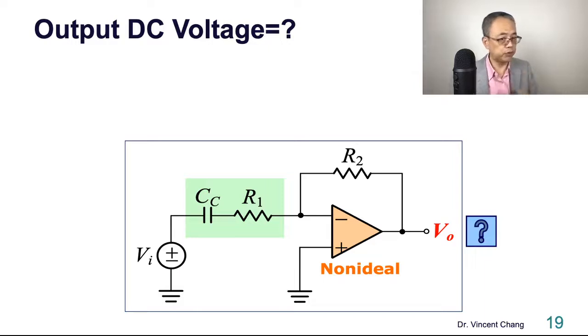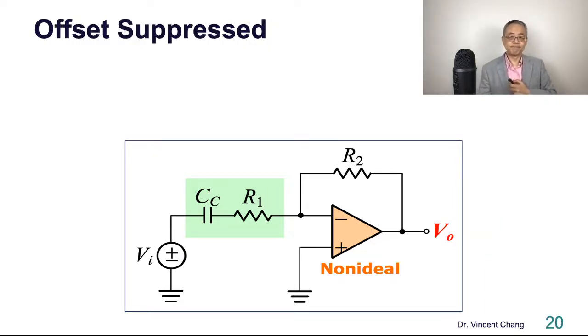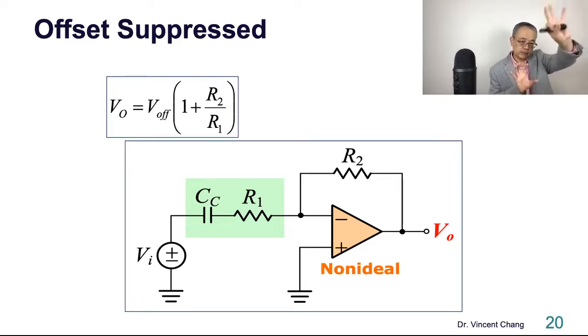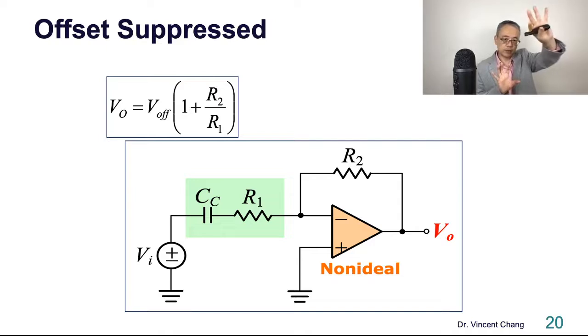So what's the output DC voltage? This is what we call offset suppressed. If you do the analysis, according to the previous analysis, it's going to be the offset voltage times this part, R2, divided by this part, right?